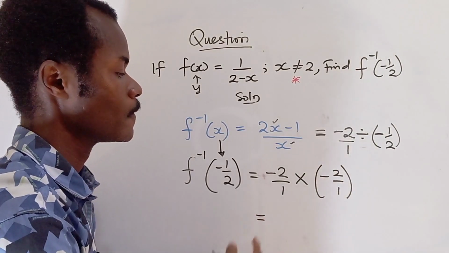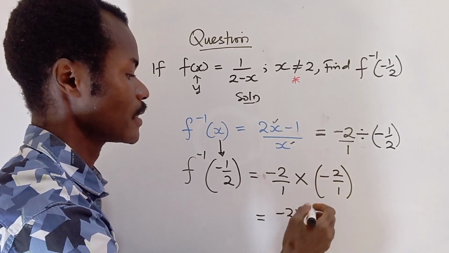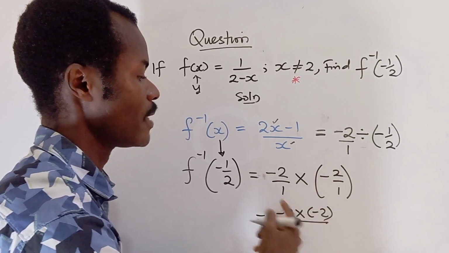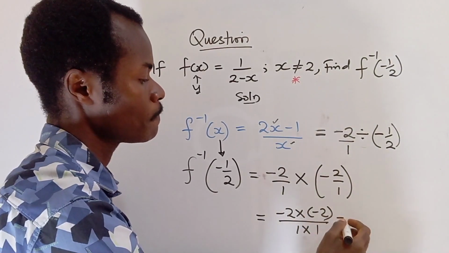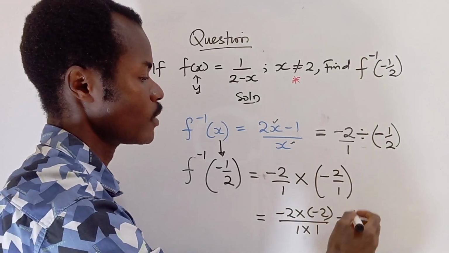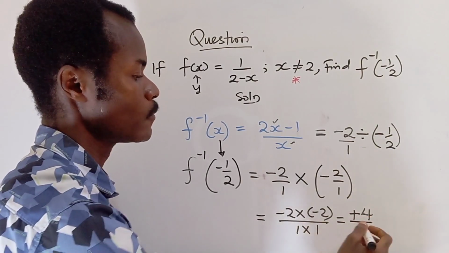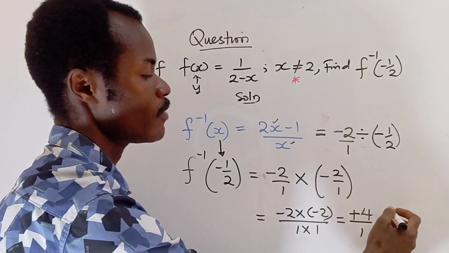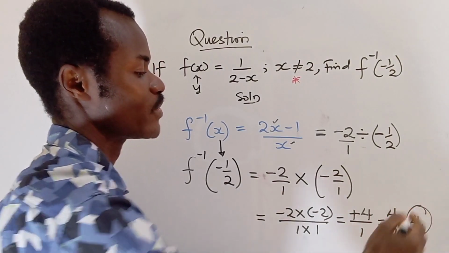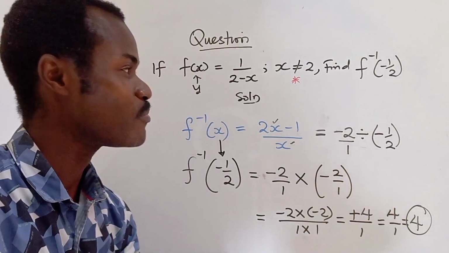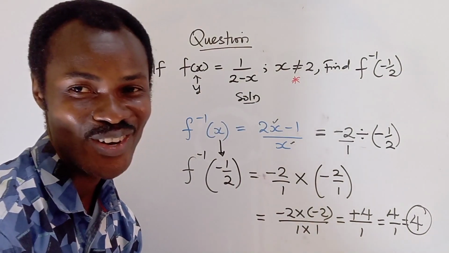Now this is going to give us minus 2 times minus 2, divided by 1 times 1. Minus times minus is plus, and 2 times 2 is 4, and 1 times 1 is 1. And we have plus 4 over 1, which we can also write as 4. So 4 is the simple solution to this problem on inverse of a function.